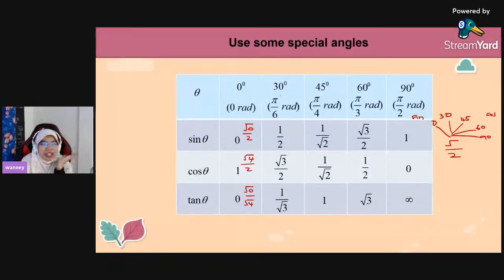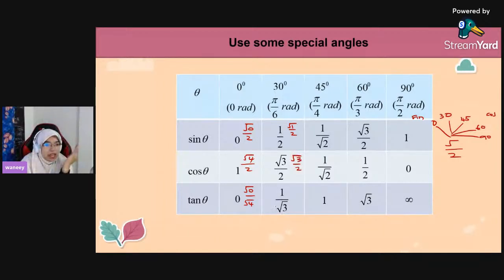Okay, how to get 30 degree? So 30 degree, bring 30 degree down. So on the left hand side, we only have one finger. So this is root 1 over 2, which is 1 over 2, of course. And then if let's say we are looking at cos of 30 degree, so cos is on the right hand side. So we have 1, 2, 3. So this is root 3 over 2.